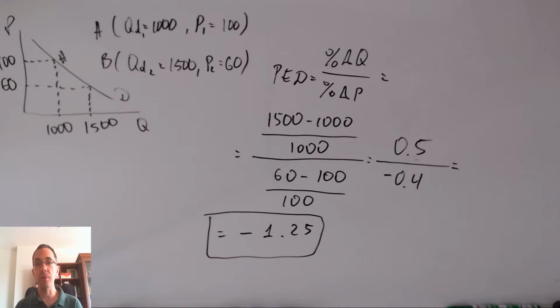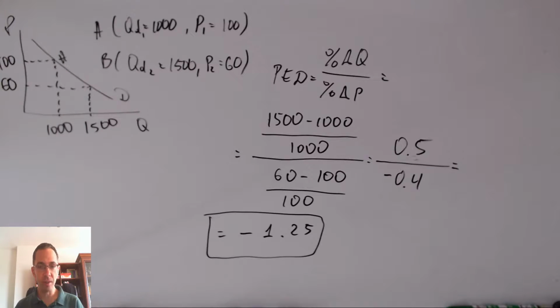Those types of goods would have positive price elasticity of demand. But in 99% of the cases, if you don't get a negative value, you have made a mistake. So watch out. And if you see the negative sign, don't be alarmed. It's normal. That's what you should be getting.